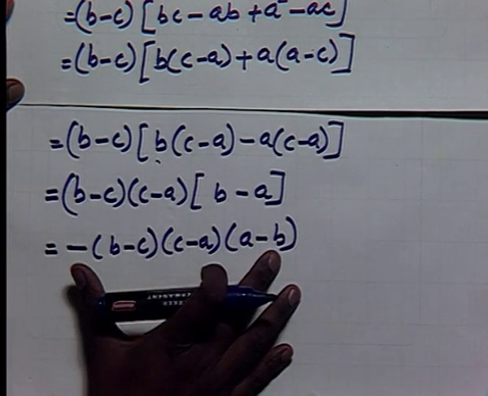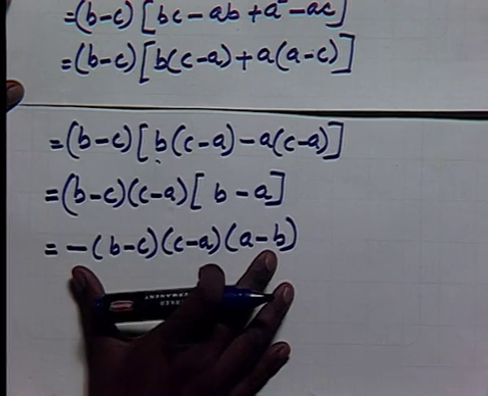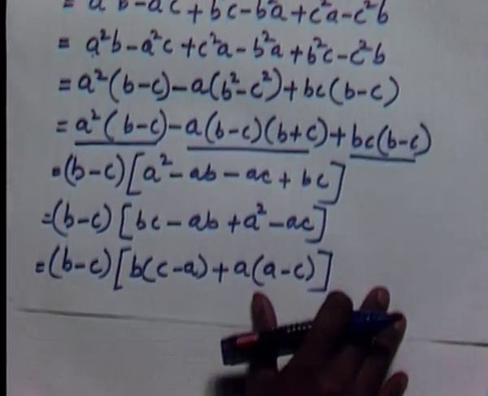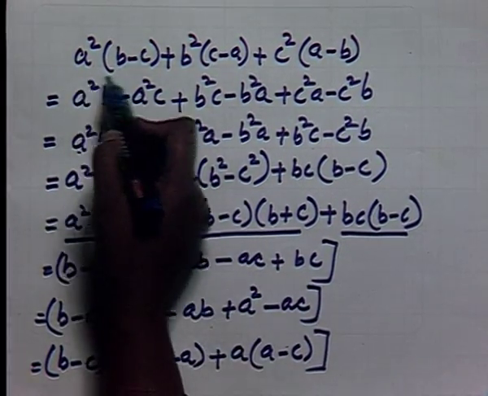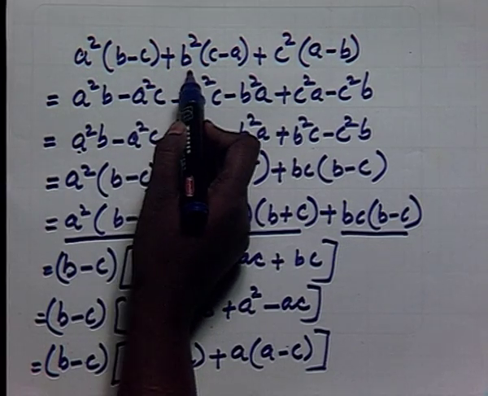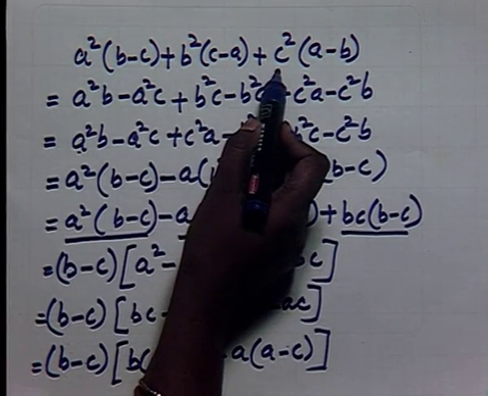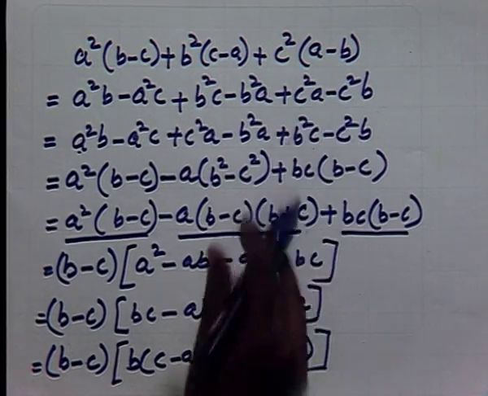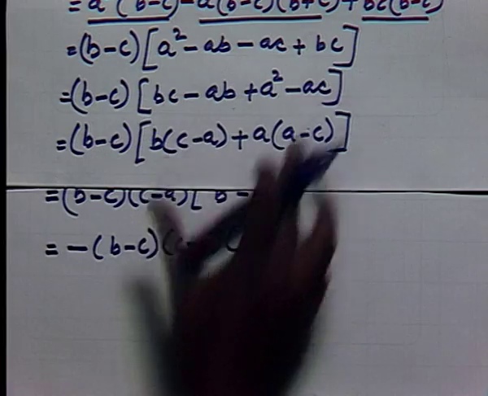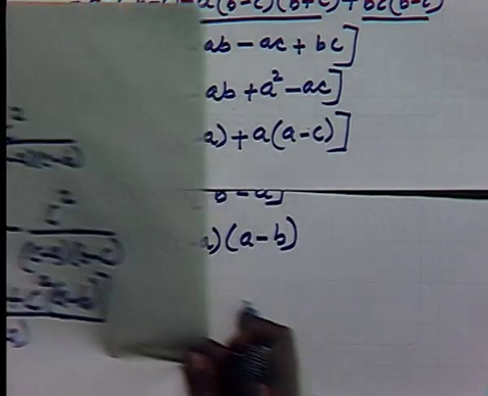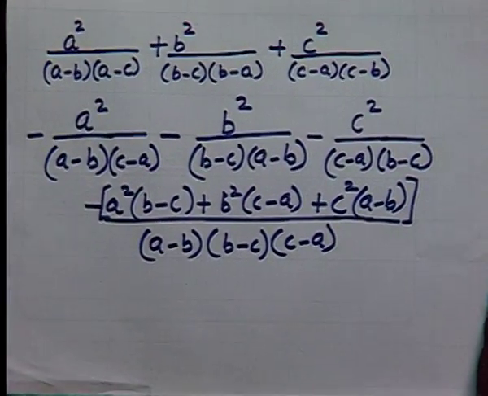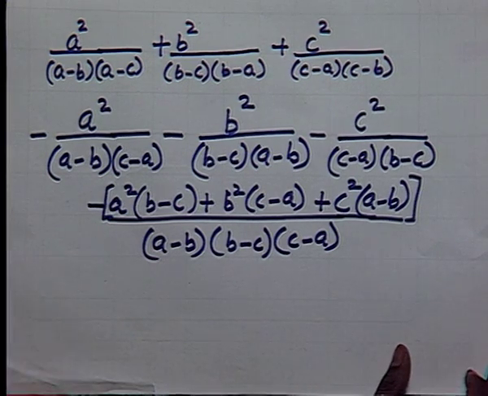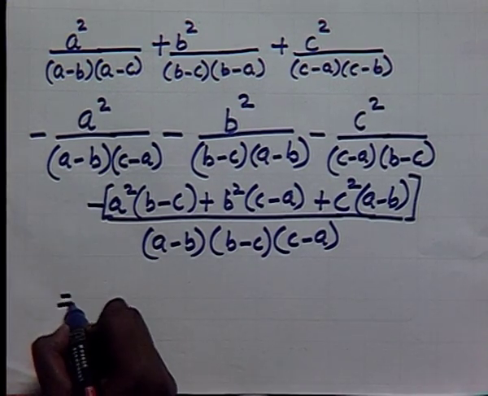So, these are the factors, or this is the factorization of the expression a square into b minus c plus b square into c minus a plus c square into a minus b. So, writing down this factorized form in our original expression, what do we get here?